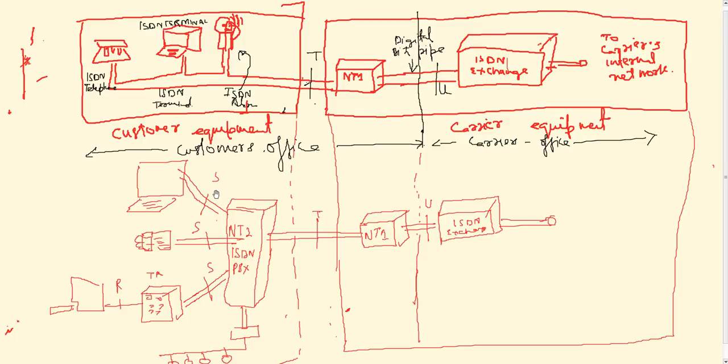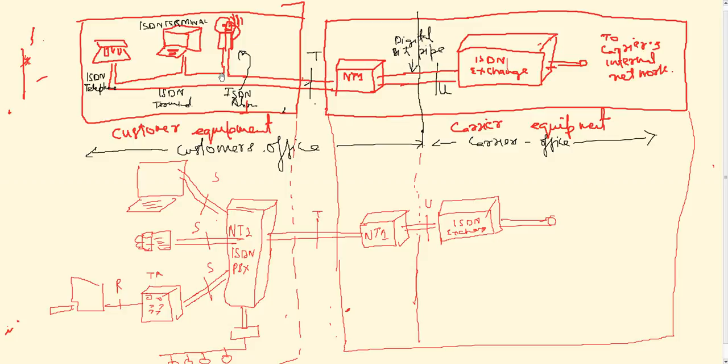These are specialized ISDN terminals, like telephone instruments, fax, or we may have something like a burglar alarm. These are all TE1. They need to be connected with the ISDN network exchange using the NT1. We need an NT1 device to connect them.